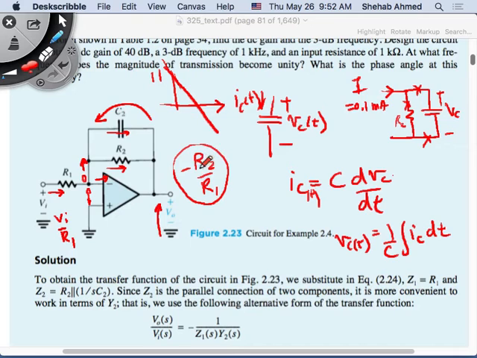So here I put R2 as infinity. If I place R2 back, what happens? If I remove R2, the gain versus frequency curve is like this. Do we agree? Yeah, because the gain is infinite.